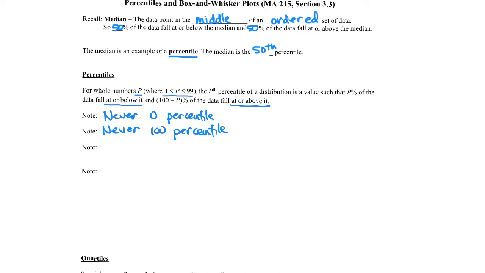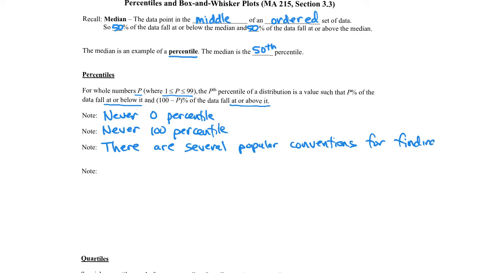Another note is there are several popular conventions for finding percentiles. This is not going to be important for us, just something to keep in mind.